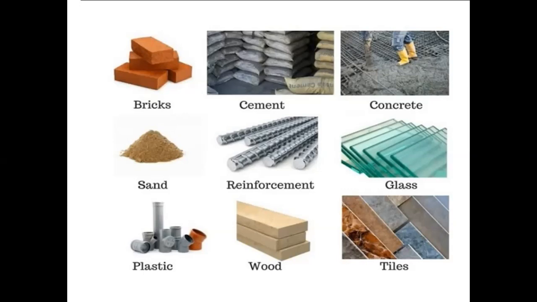Limestone is nothing but one type of rock. The sedimentary type of rock is limestone, and the chemical composition of limestone is calcium carbonate, CaCO3. But not all limestones are used in the manufacturing of cement. Why? Because only those limestones having a maximum percentage of calcium are used as raw material.